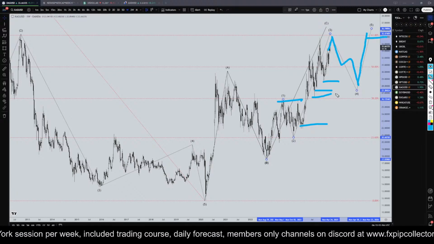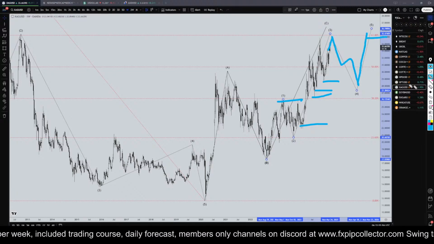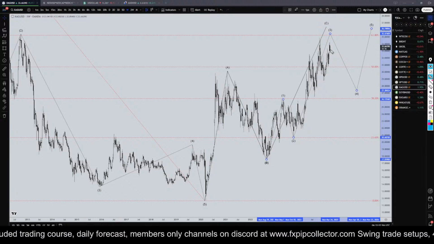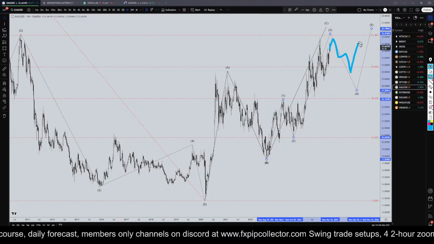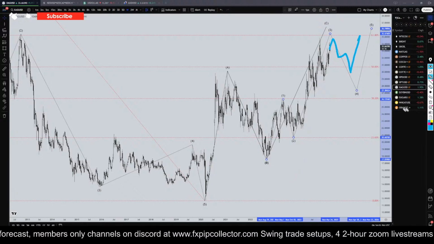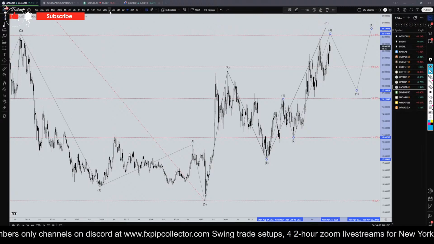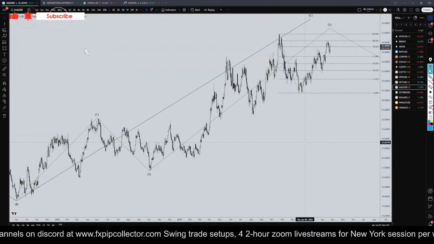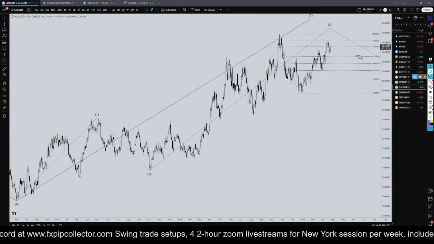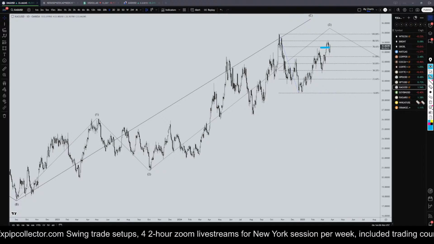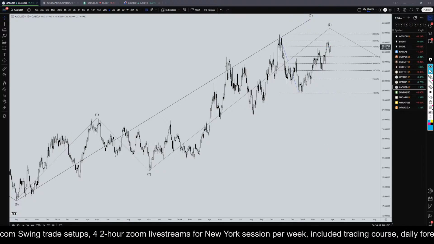Then potentially go back up and make a wave five. Maybe not quite that big. Maybe like this. Something like that. Definitely still an uptrend. I thought we were in a wave four. I'll be the first person to admit it. But we closed above the 78%, and that makes me kind of bullish. It's probably just going to keep going up at this point.